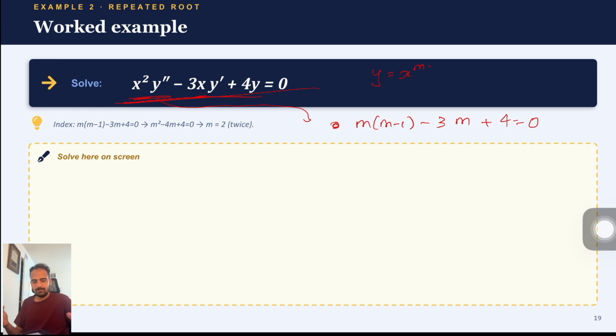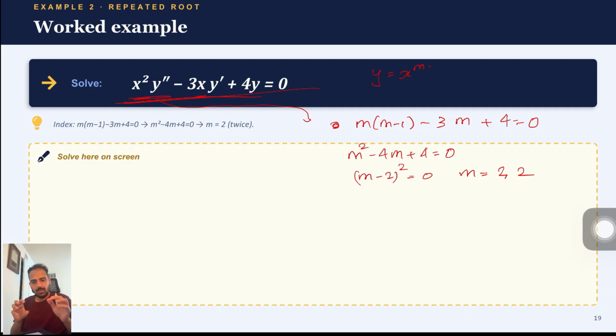I assume that you are quite familiar with this equation now. So this will be m² minus 4m plus 4 equals 0. This will be nothing but (m minus 2)² equals 0. That means m equals 2, 2. We have the two roots, but both of them are equal.